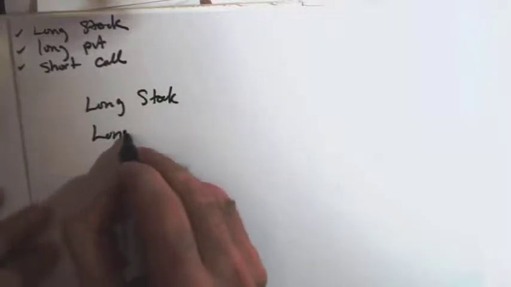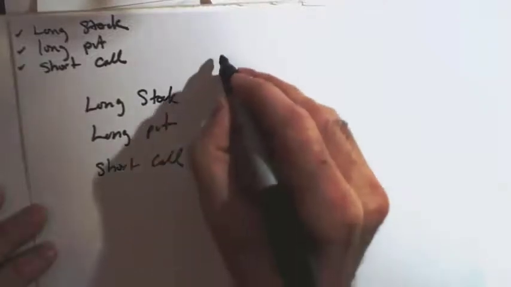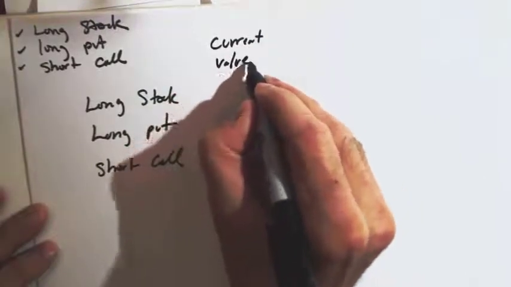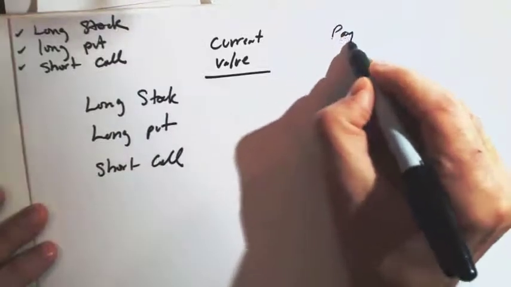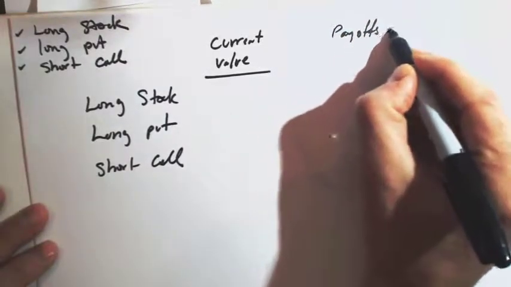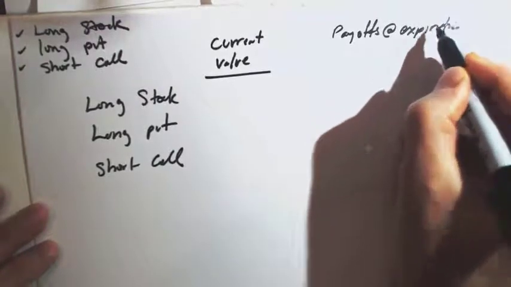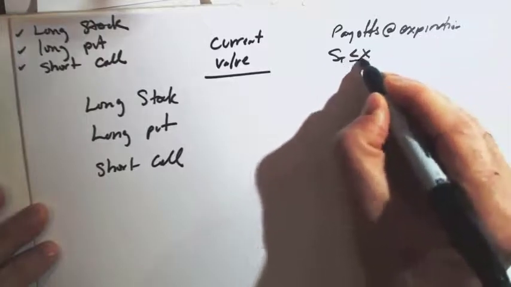We're going to have the long put here, and we're going to have the short call here. We're going to have current value. Looks familiar with what we did earlier. And we're going to have payoff at expiration.